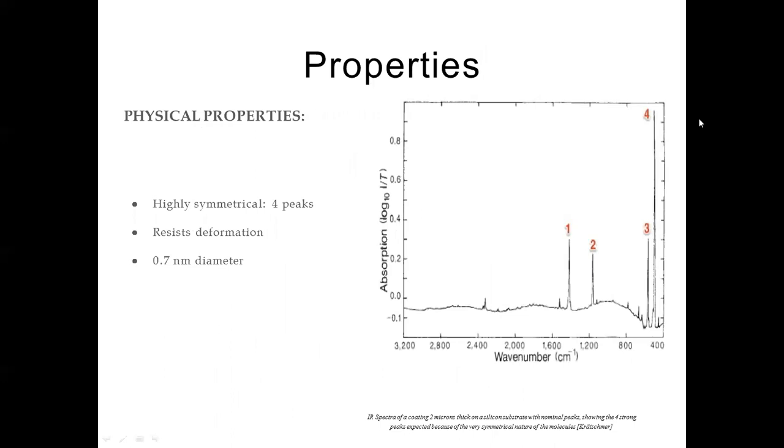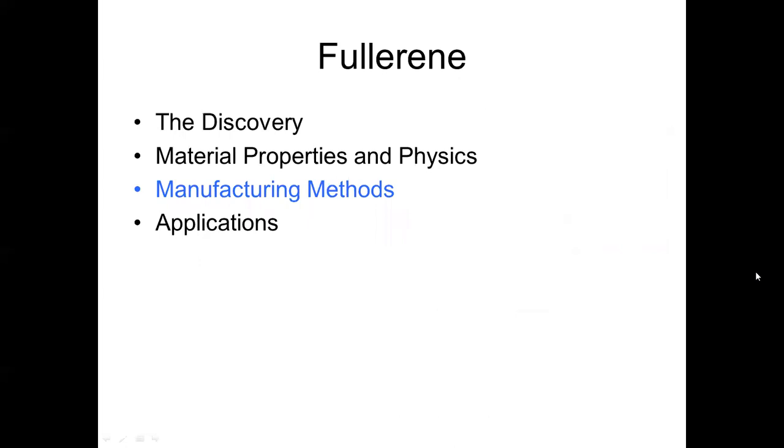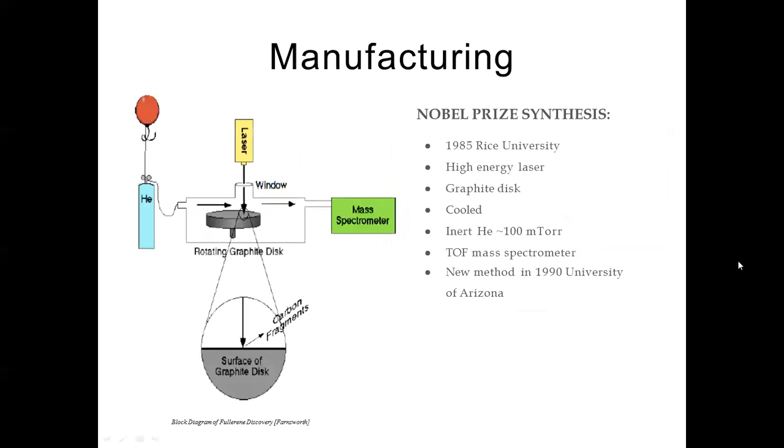So these are the properties of the materials here. We can take a look at these symmetrical peaks of absorption for the different sizes of carbon fullerenes. So let's take a brief look at common manufacturing methods. This is the manufacturing method that they used to win the Nobel Prize at Rice University.